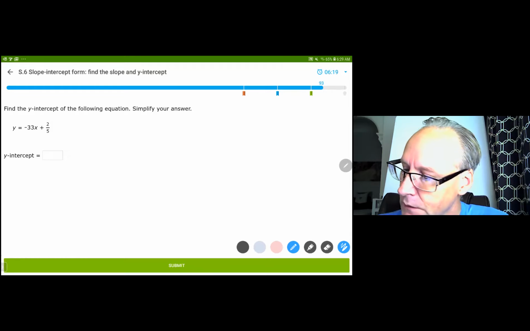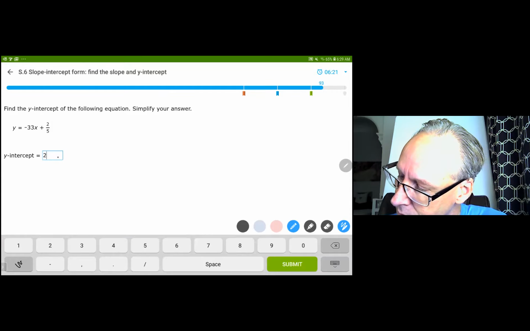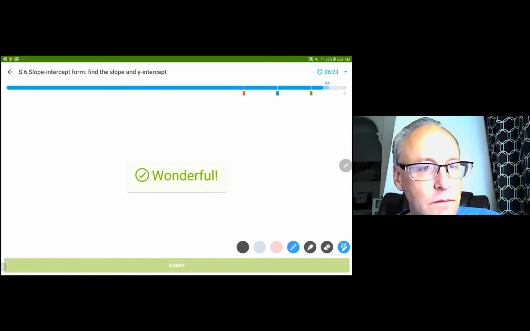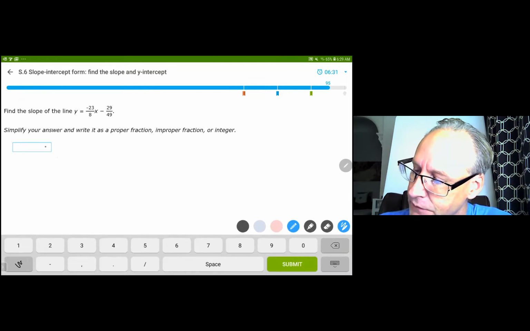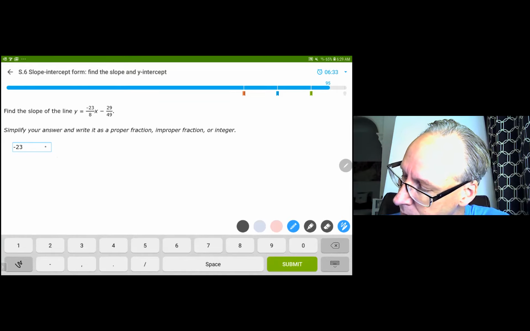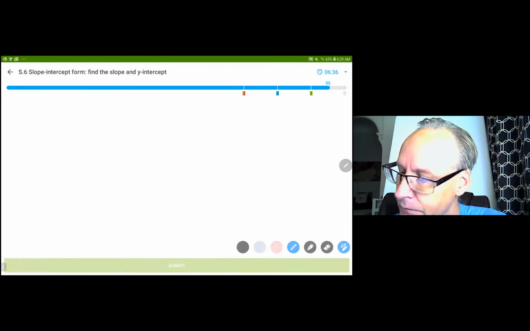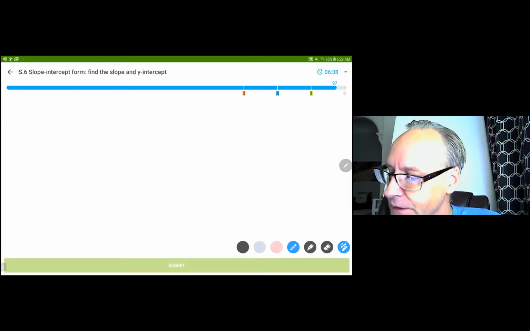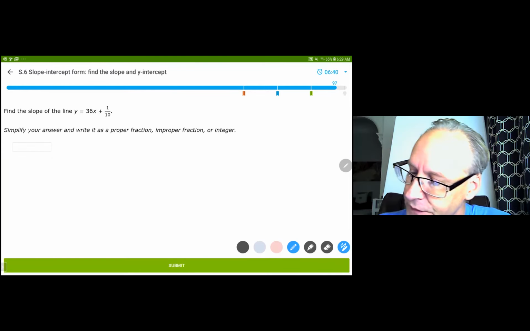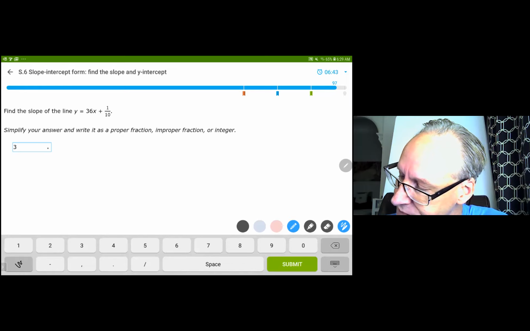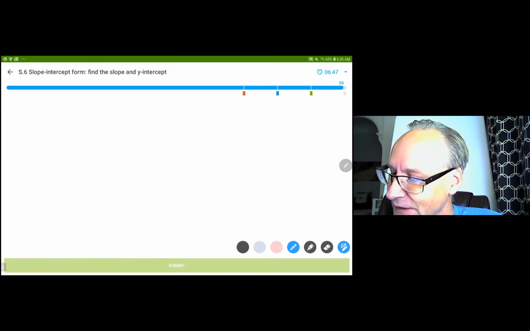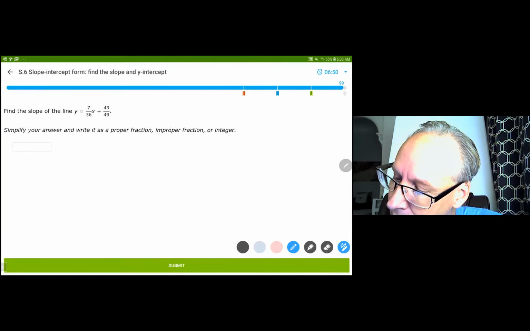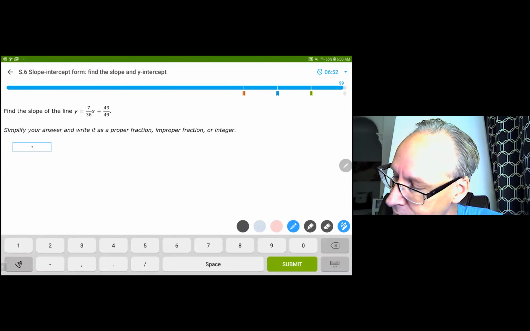And 0.2. Not much to trick you with here. -23/8. Almost done. Slope is 36/1, or just simply 36. And it looks like we're on our last one, and we're looking for the slope at 7/36.